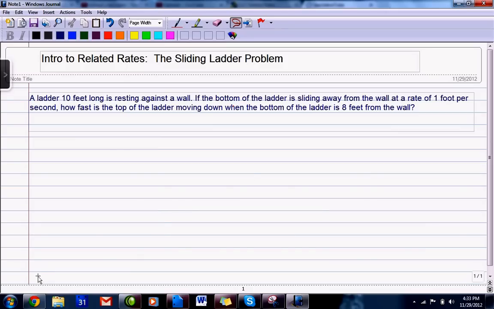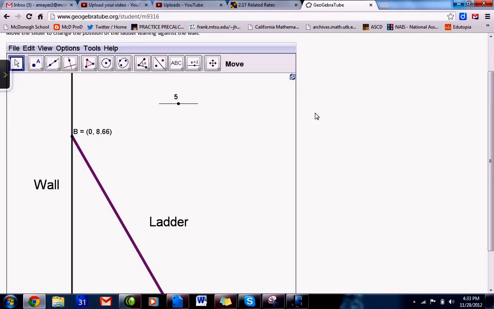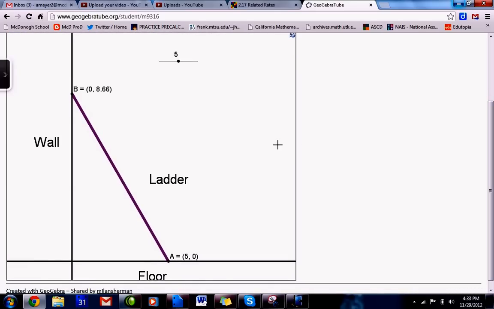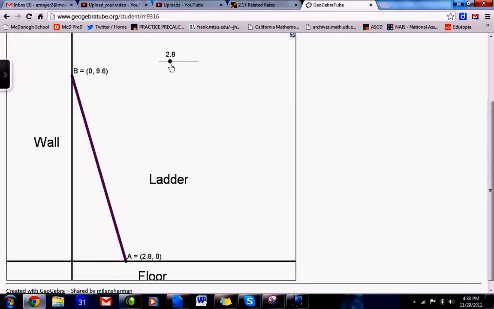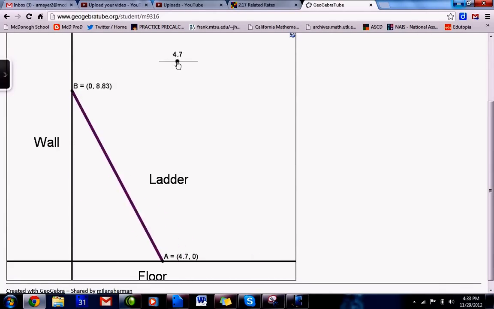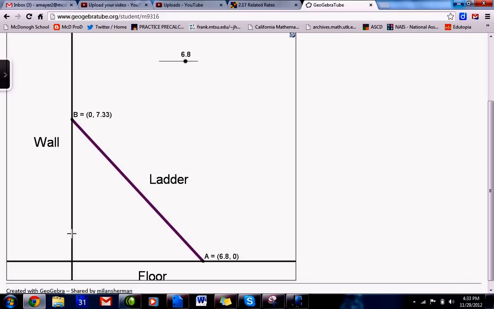First of all, I found a nice website, GeoGebra, and they created a nice little applet that allows us to visualize what's happening. Here's our 10-foot ladder, and this ladder is going to slide down the wall. Essentially we have a right triangle here.